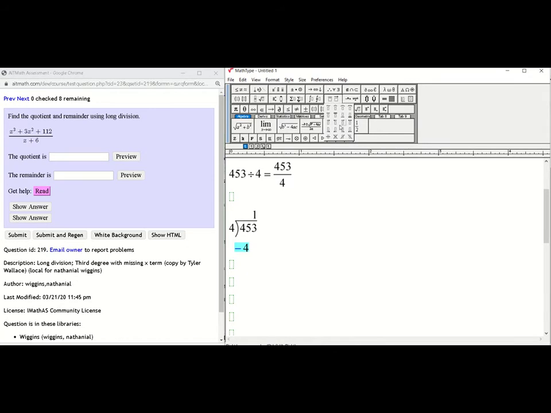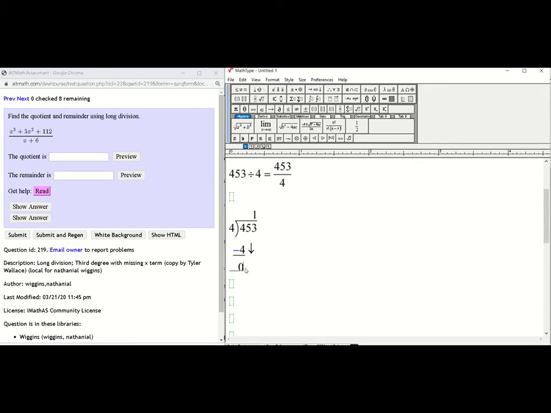Let's make a little underline to it, just like we're writing on paper, right? And then you'd get a 0 here, right? Okay. And then what would you do? You'd bring down that next number. So let's bring down that next number.